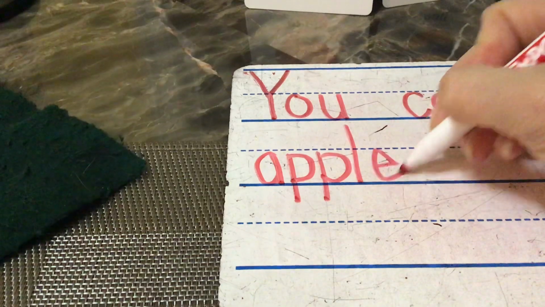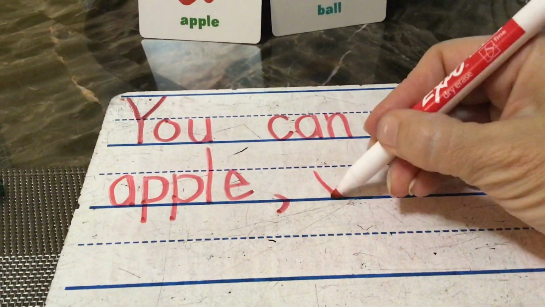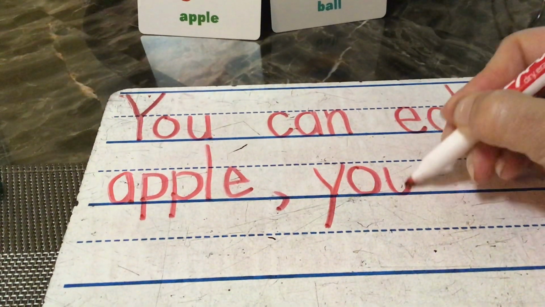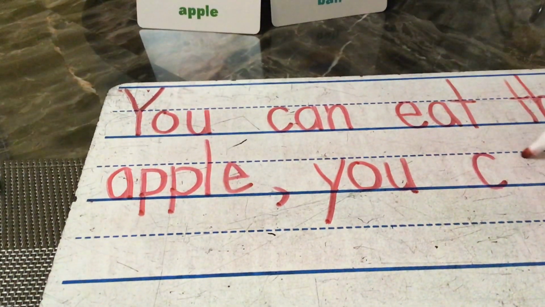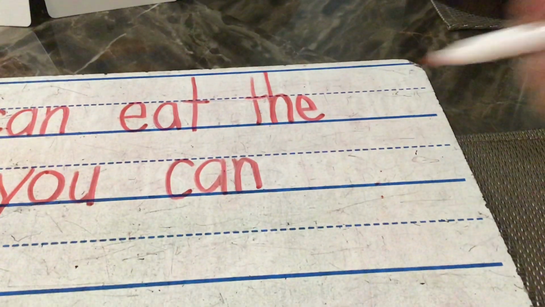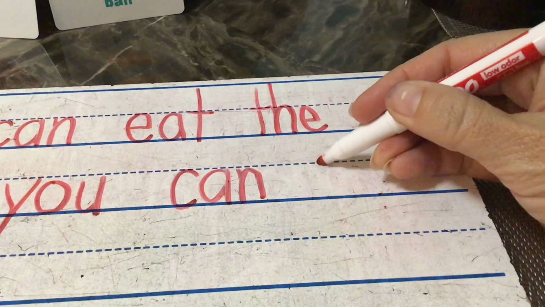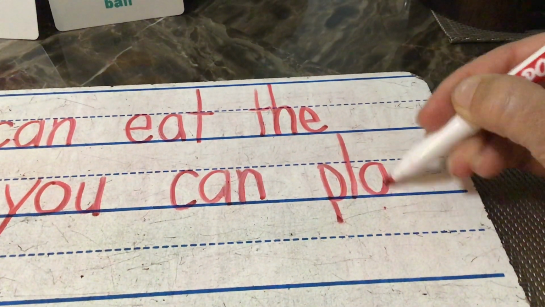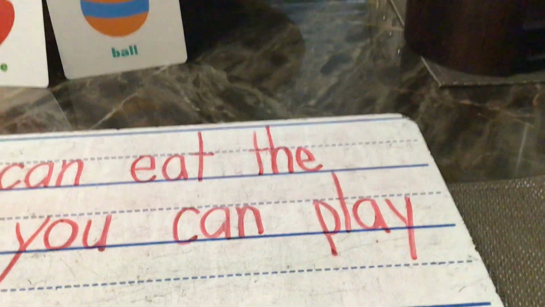Okay, comma, you, that's lowercase y, space, can play. You can play. Pl, that's a blend. Pla. You can eat the apple.